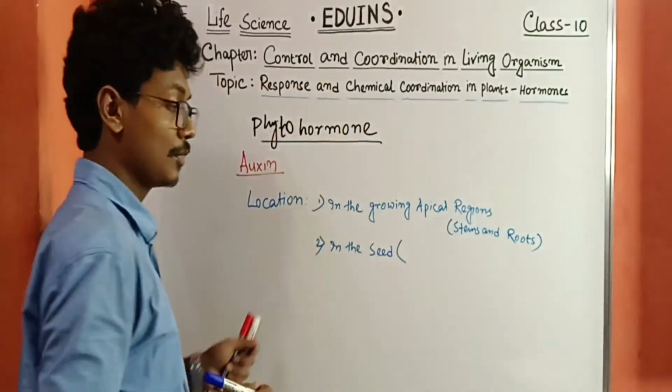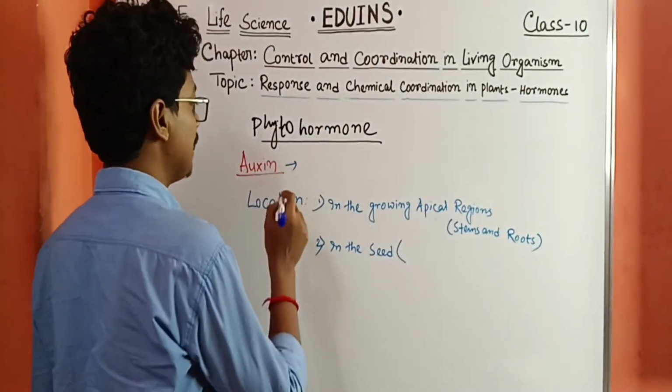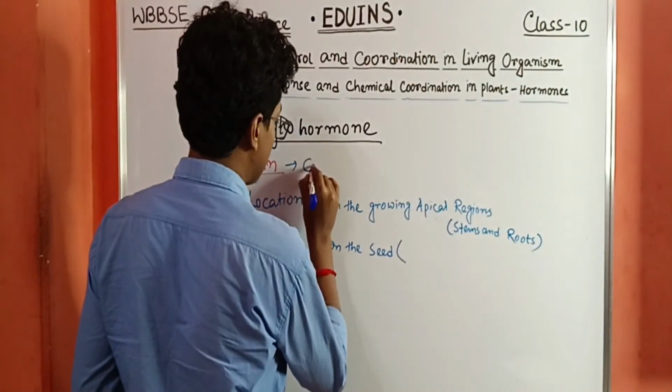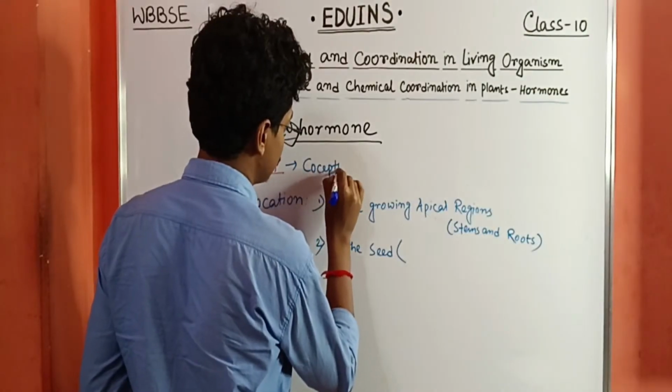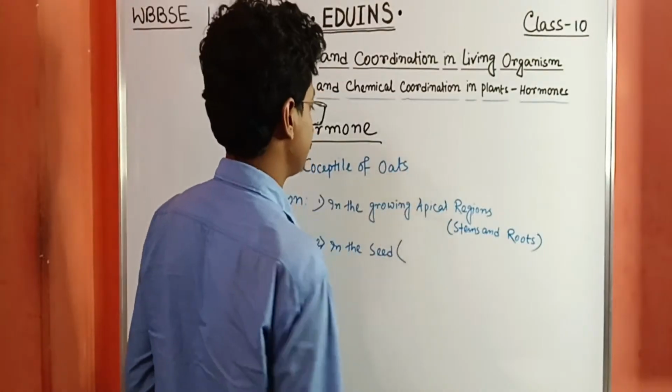The first auxin was discovered in the coleoptile of oats.